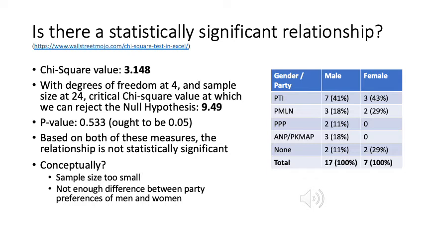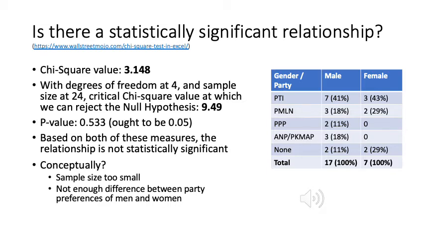At that point, we can reject the null hypothesis. Well, our chi-square value is 3.148, so it's lower than the critical chi-square value, which means that the relationship is not statistically significant. One can also calculate the p-value of the chi-square, and this is 0.533. It ought to be 0.05. Again, you can look into it more in terms of what that means. All of that to say, the relationship is not statistically significant based on these two measures.